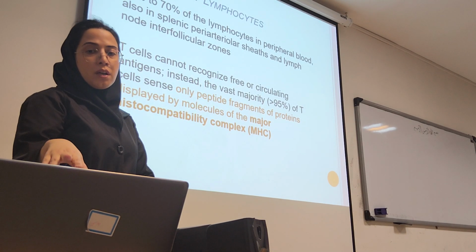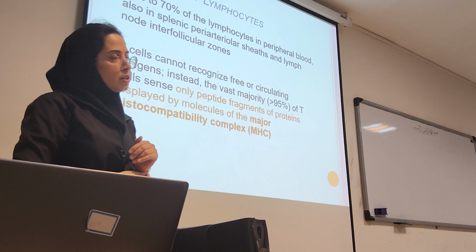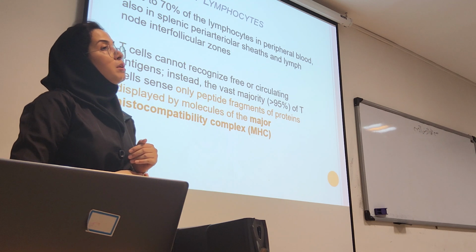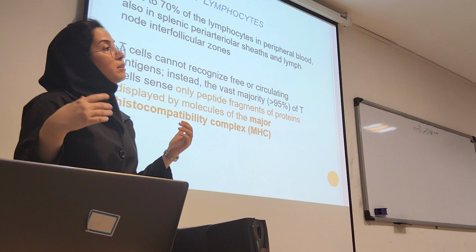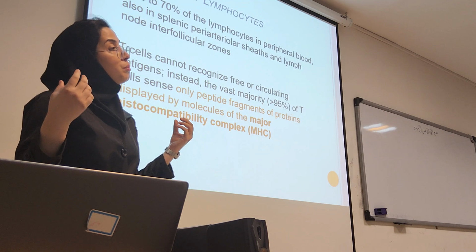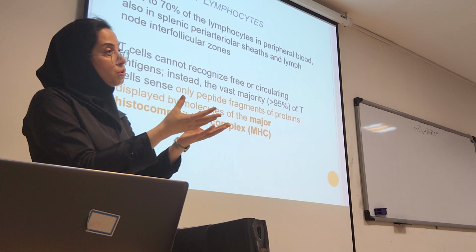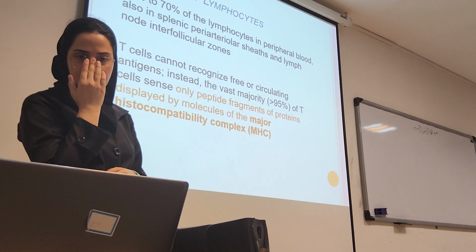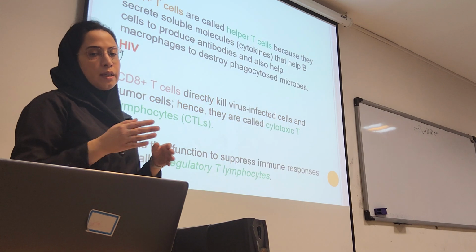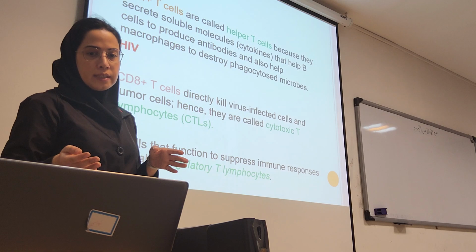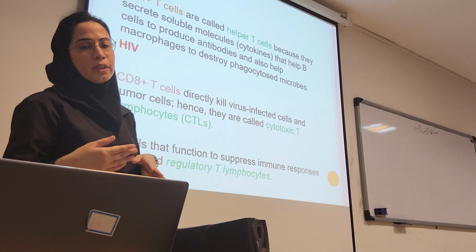And are they able to recognize free or circulating antigens? No, because the antigen should be processed, and the antigen presenting cell should present the antigen to the T cells. As I told you, we have T helper cells and T cytotoxic cells, and also regulatory T cells.